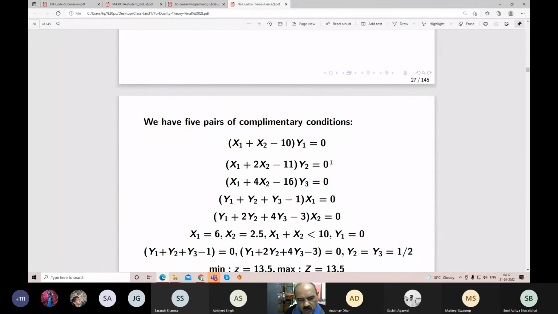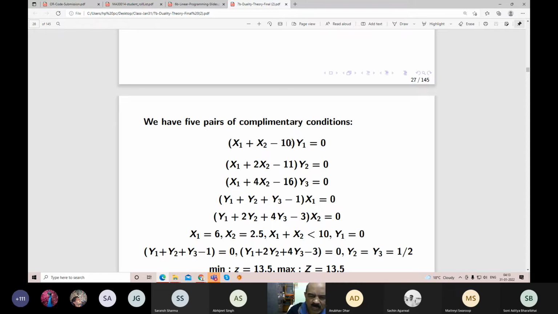But if it is optimal, the maximum and minimum have to be the same. Again, the last two: y1 plus y2 plus y3 minus 1 into x1 equals 0, and y1 plus 2y2 plus 4y3 minus 3 into x2 equals 0. I am checking here.